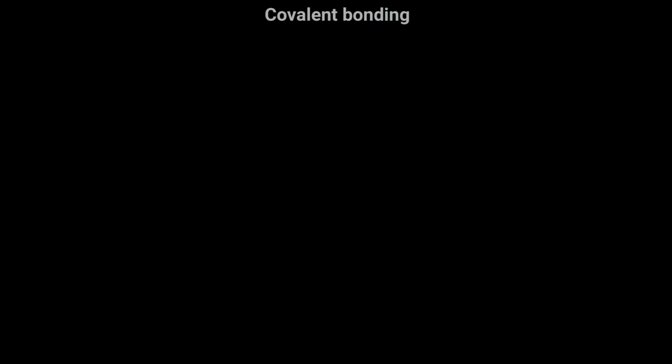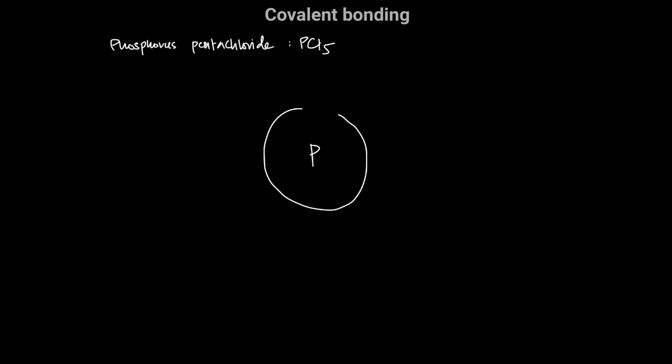The next example that we have of the octet being exceeded is phosphorus pentachloride. Phosphorus pentachloride has the formula PCl5, right? If you look at PCl5, we have a phosphorus atom. Phosphorus is in group 15, so it has 5 valence electrons.